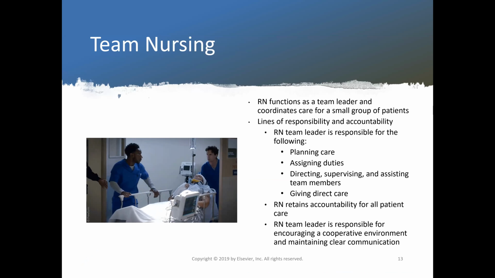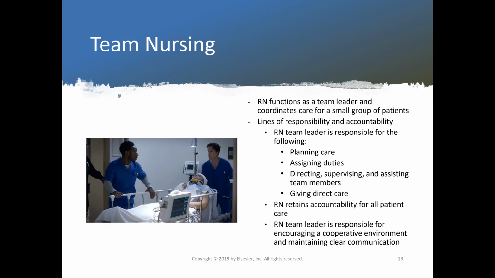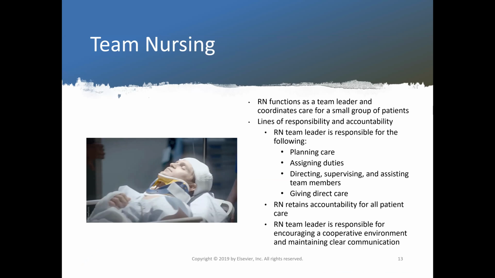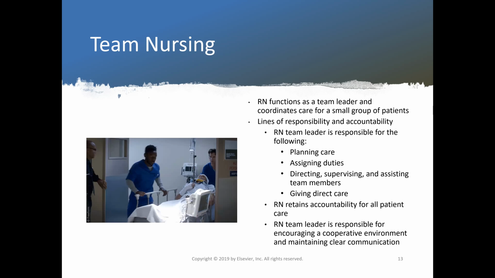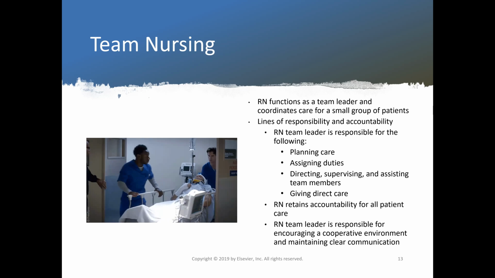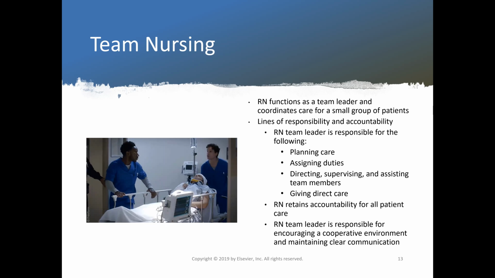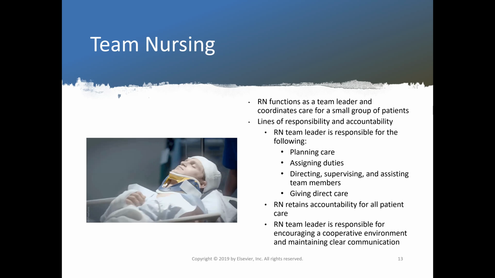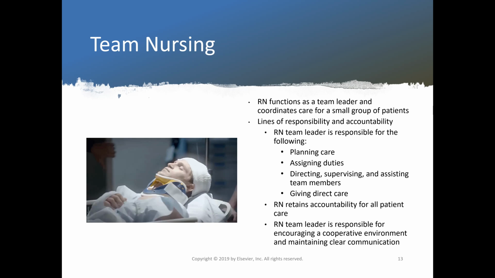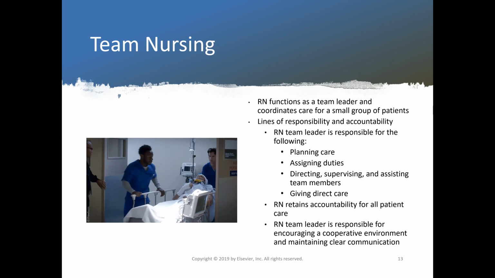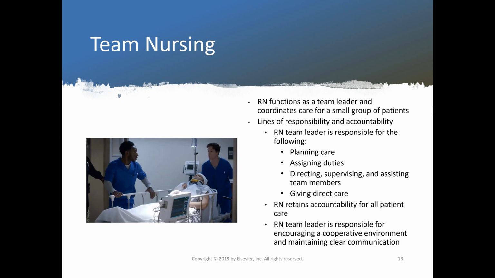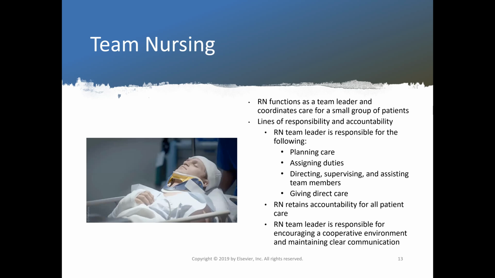So team nursing is almost like your functional nursing. Again, it's a team of staff that coordinates the care of specific individuals. So the RN is always the team leader. They will say we have team A, B, C. Each team A, B, C has a nurse that is part of that team.